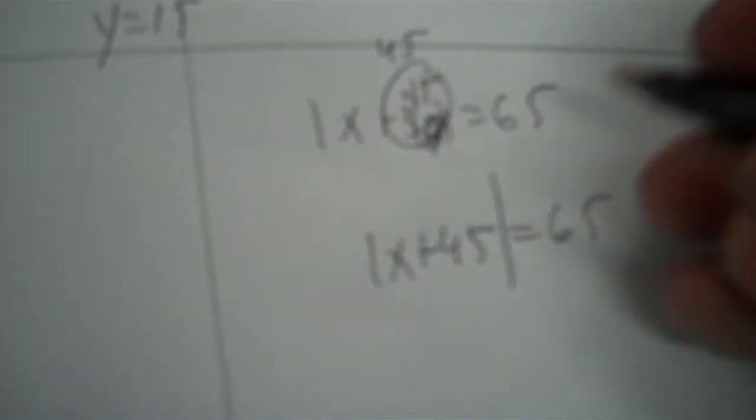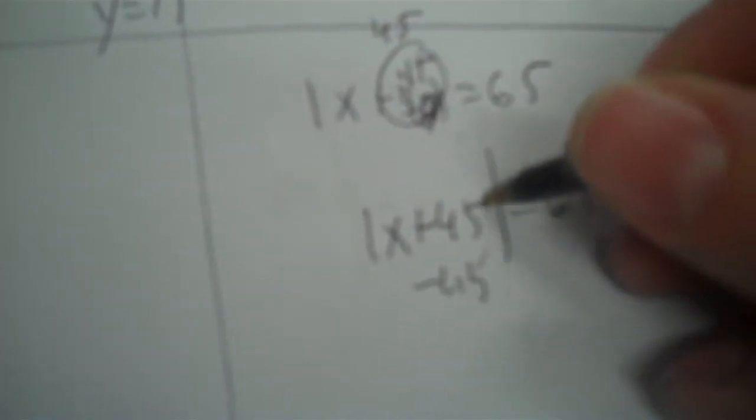Instead of 3 times y, it's 3 times 15, that's 45. 65 minus 45, that's 20. So 1x equals 20. So divide by 1, you're just at 20. Okay, that one was kind of nice because we had our 0 right away. So $20 for the cost of a software package.